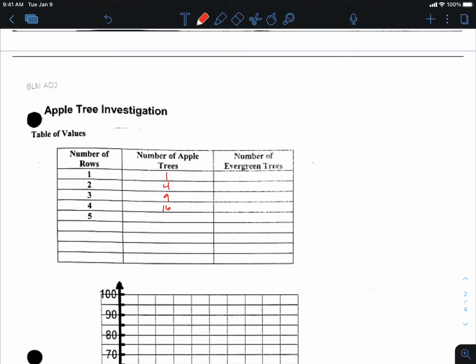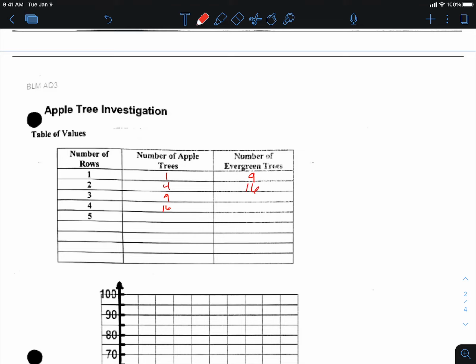Okay, and then let's look at the other one, the number of evergreen trees around the outside. So the evergreens is going to be 9 in the first one. Then we have to figure out how many are in this one. 1, 2, 3, 4, 5. There'll be 5 along the bottom, 10. And 3 here, 3 there is going to be 16.